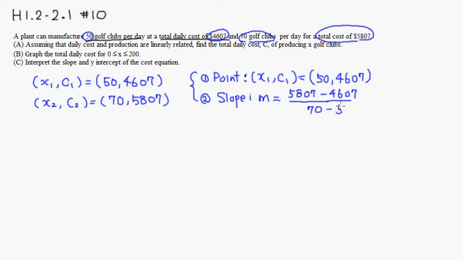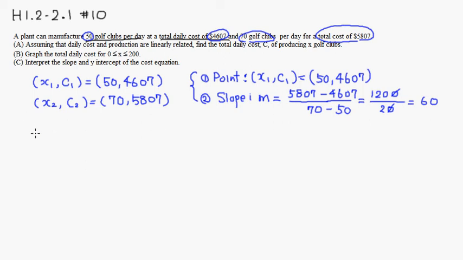So 7 minus 7 is 0, 0 minus 0 is 0, 8 minus 6 is 2, and 5 minus 4 is 1, giving 1,200 on top, and 70 minus 50 is 20. So the 0s cancel out, and 120 divided by 2 is 60.